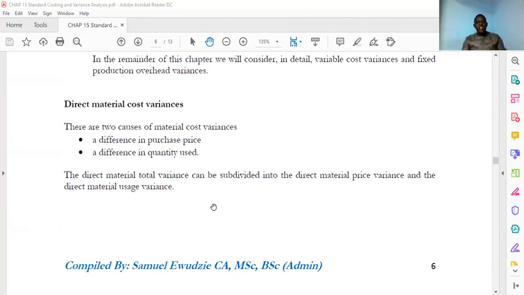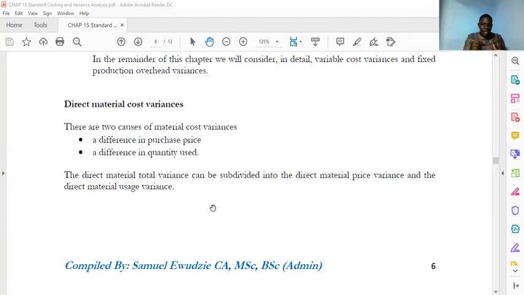And there are two causes of material cost variance: a difference in purchase price and a difference in quantity used. The material cost variance may vary from expected because the price at which we had predetermined to buy materials might have changed. Again, the quantity that we had planned to buy may have also changed.